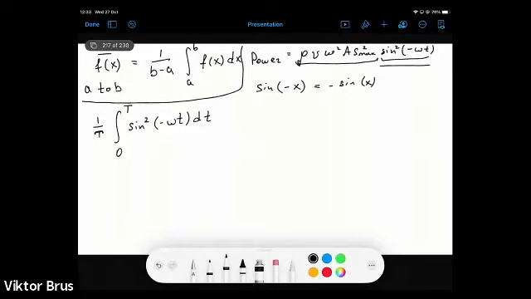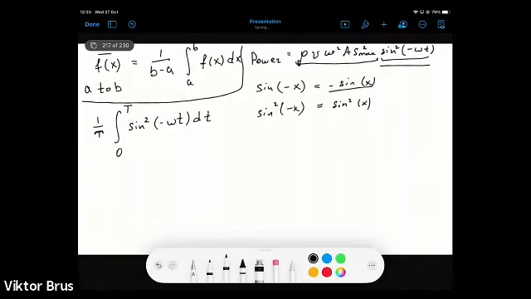Keeping this in mind, we can write that sine square of minus x is equal to sine square x, because if we take this to the second power, minus and minus will cancel.